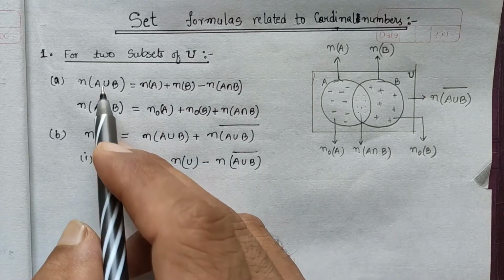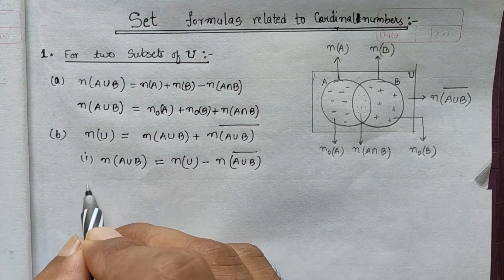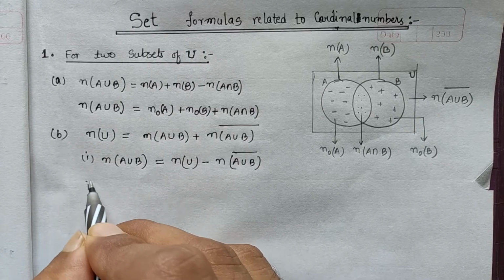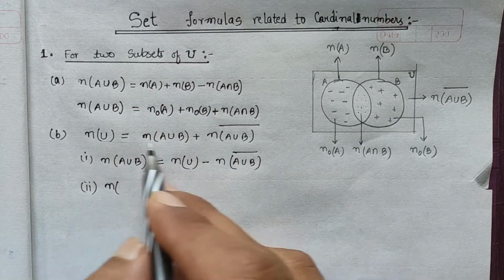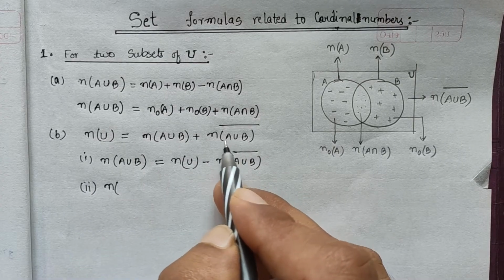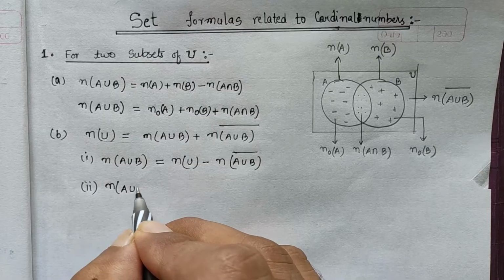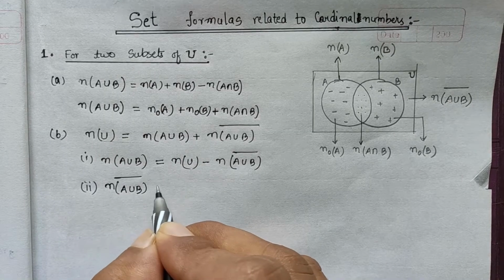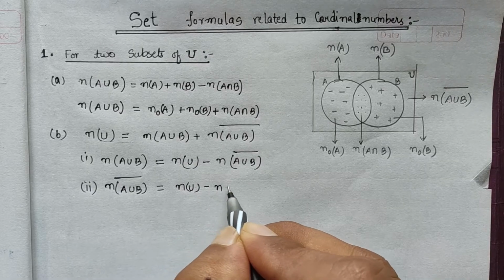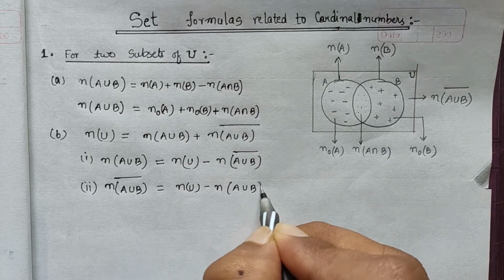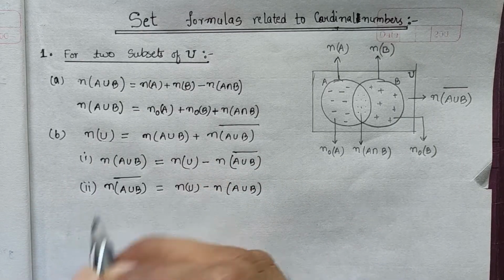So again we have three formulas here for A union B, and from this main formula again we can see the formula for A union B complement. So what's this formula? n(U) minus n(A union B).